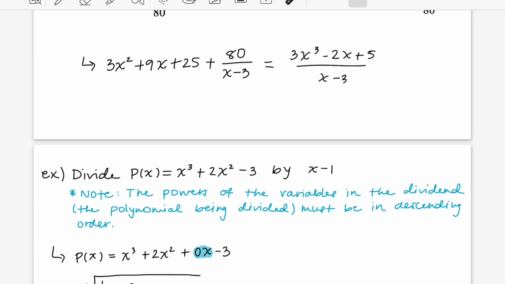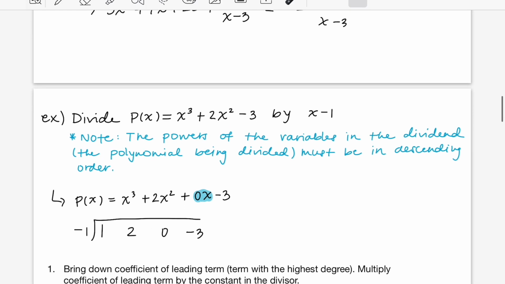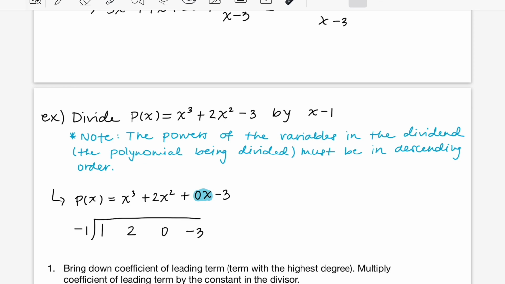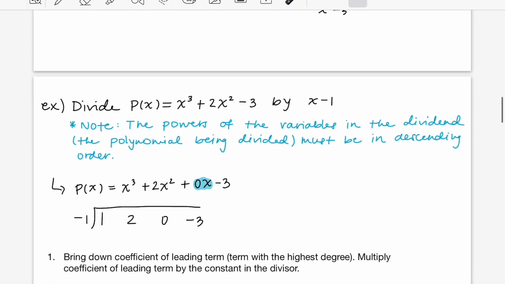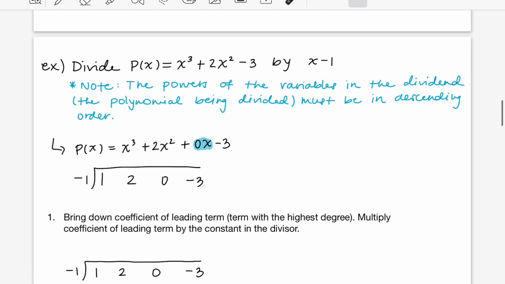All right, so here we'll work through the step-by-step process for synthetic division. The first thing we want to do is bring down the coefficient of the leading term, the term with the highest degree, and then multiply it by the constant in the divisor. The coefficient of our leading term is 1, so we'll bring this down.